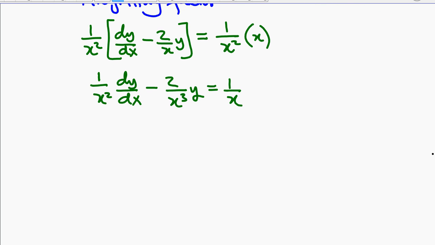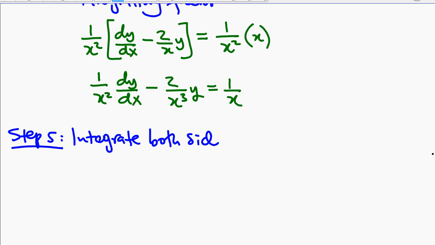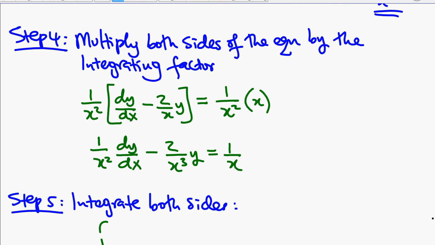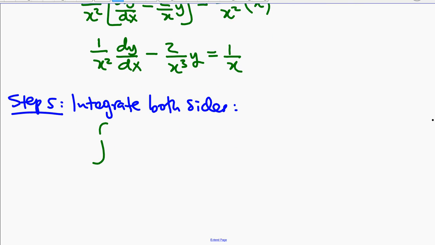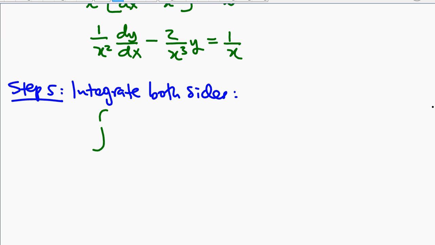So step 5, which will be to integrate both sides. So we can integrate the left hand side. I need to see the equation up top. All right, there.